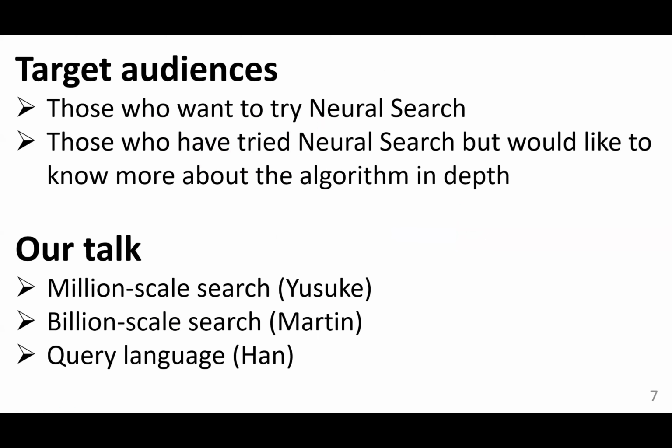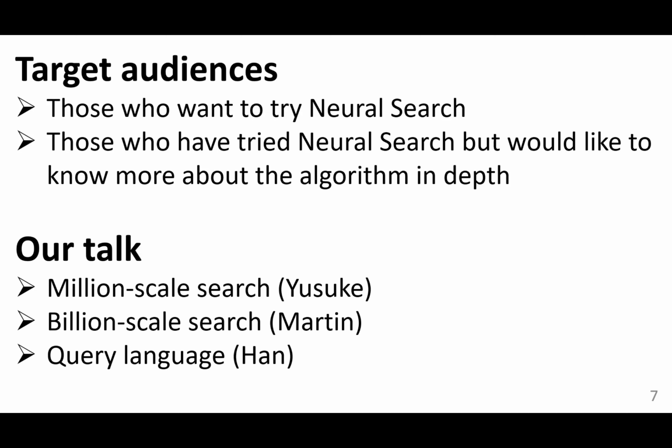Okay, so our target audience is those who want to try neural search, or those who have tried neural search but would like to know more about the theory and algorithms inside. And our talk is in three parts. In the first part, I will explain medium scale search. Medium scale means all the data can be loaded into memory, so search on memory.